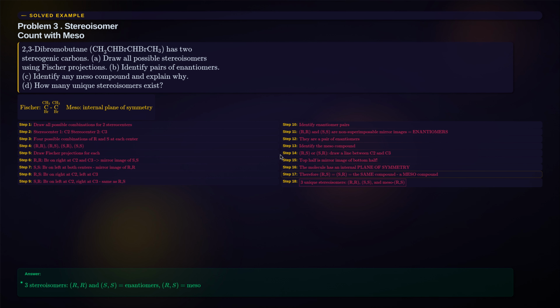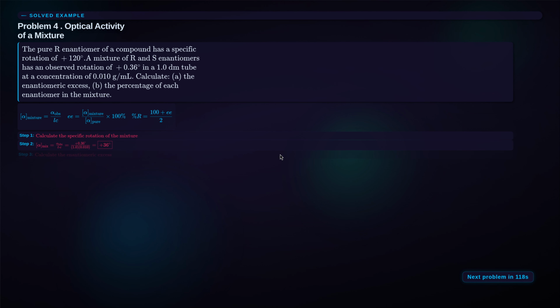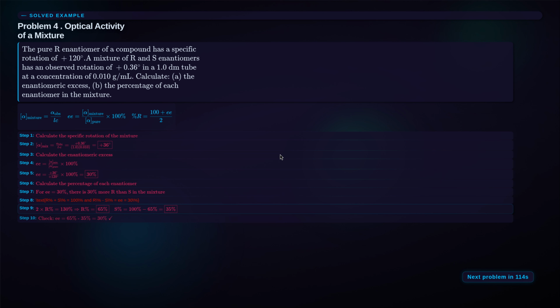Problem 4. Optical activity of a mixture. The pure R enantiomer of a compound has a specific rotation of plus 120 degrees. A mixture of R and S enantiomers has an observed rotation of plus 0.36 degrees in a 1.0 decimeter tube at a concentration of 0.010 grams per milliliter.